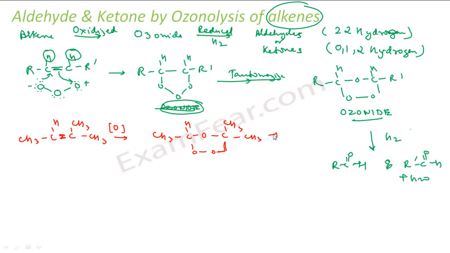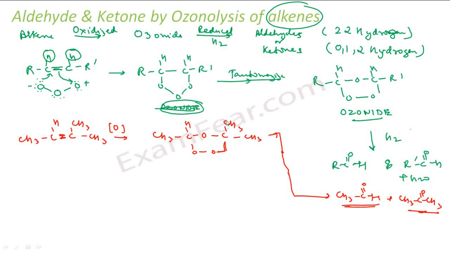Let me draw it here. Yeah. This one. CH3, COH, right? Plus this compound CH3, COCH3. Correct? This is my aldehyde, this is my ketone. So the only thing is, if you have a hydrogen here, it becomes aldehyde.